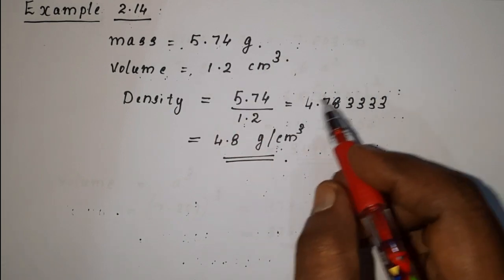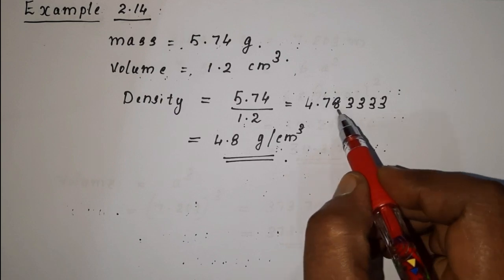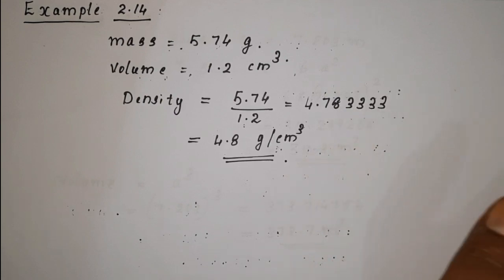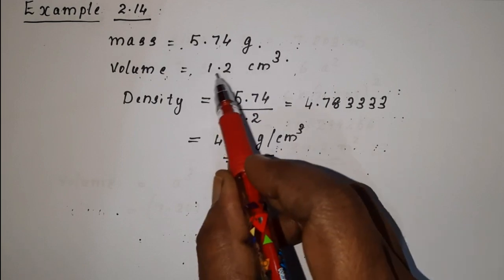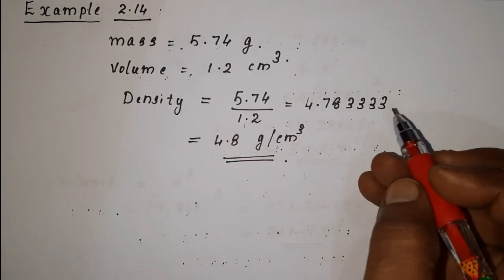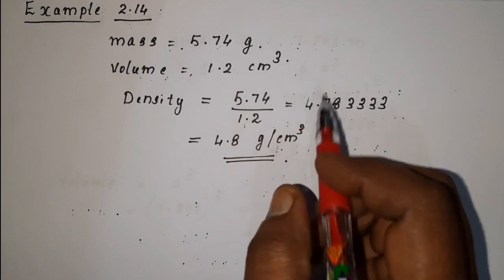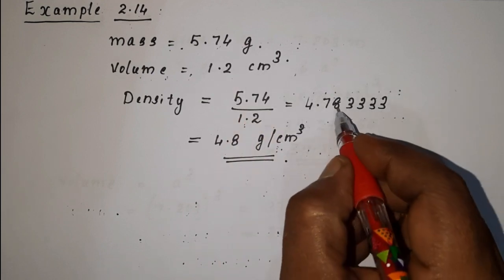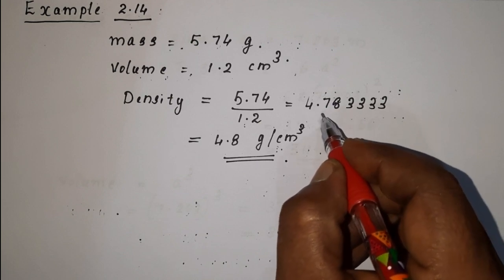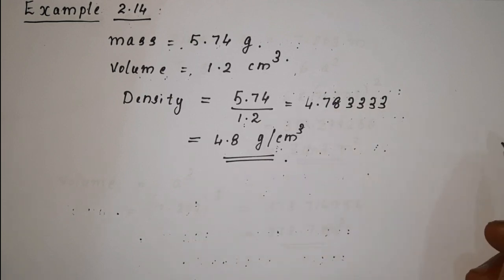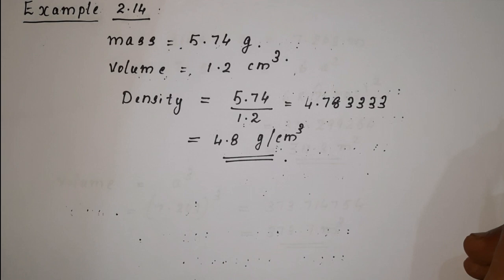Calculating density, you will get 4.783333, that 3 is recurring. As per the rule, you have to retain only the least number of significant figures, so only 2. So rounding, 8 is the digit to be dropped. Adding 1 to the preceding digit, you will get the answer as 4.8 gram per centimeter cube.